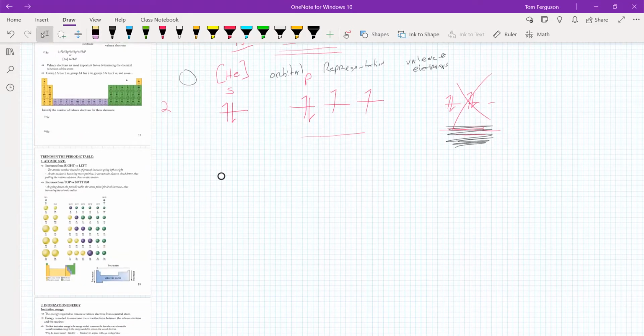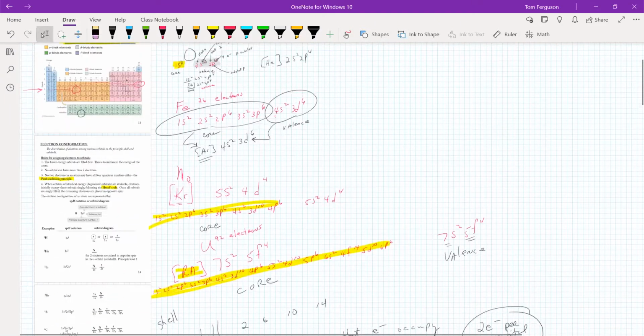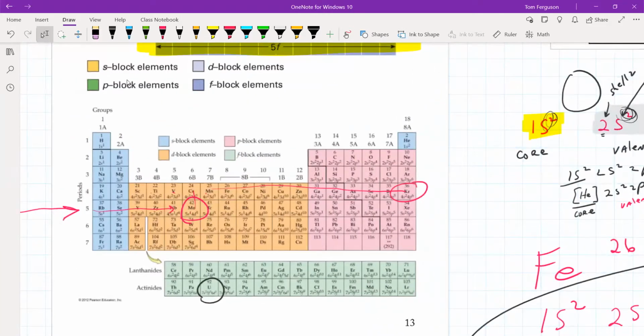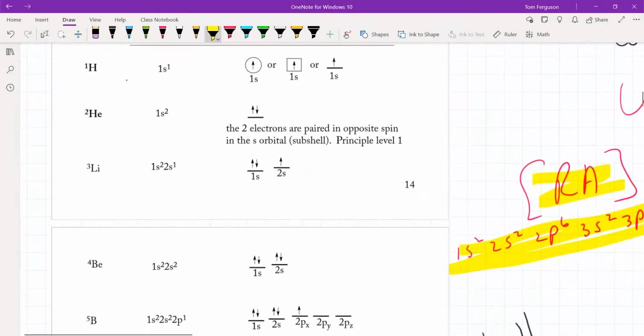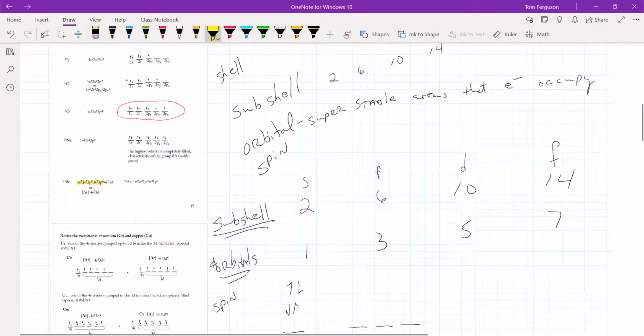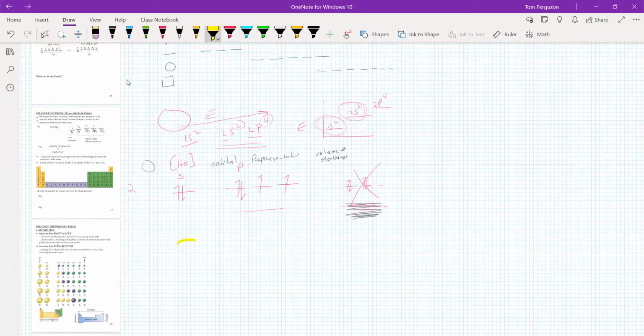Okay, so let's look at sulfur. Sulfur is right underneath oxygen. I'm going to do an orbital representation of sulfur. First thing I'm going to do is write out the electronic configuration.